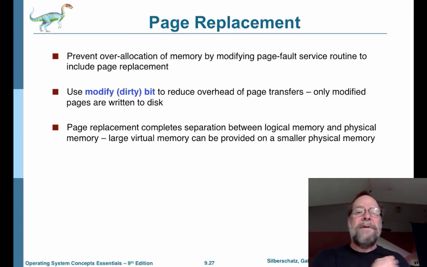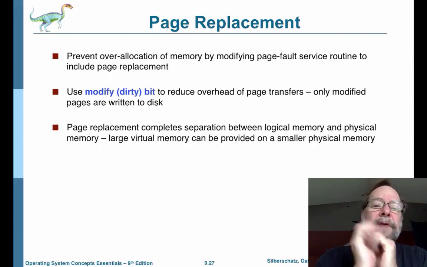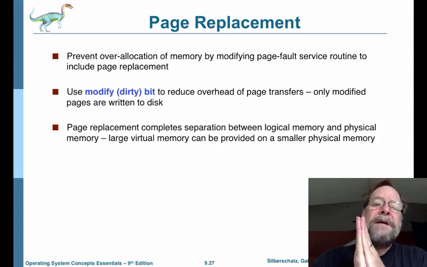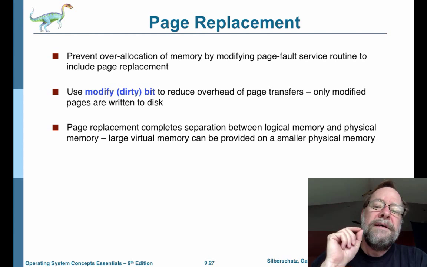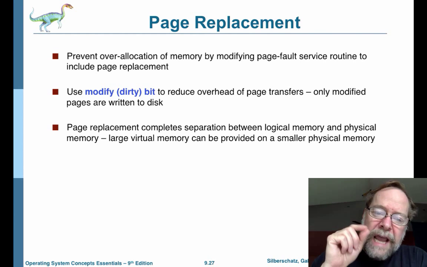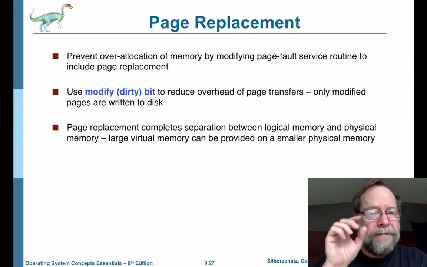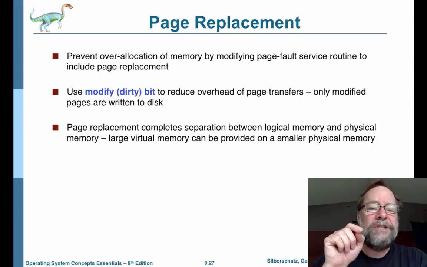Okay, so we need a way to identify which pages are going to be replaced, and we also need a way to keep track of which pages need to be swapped out. So whenever we make some kind of change to the contents of a page that's resident in a frame, we're going to have a bit associated with that.